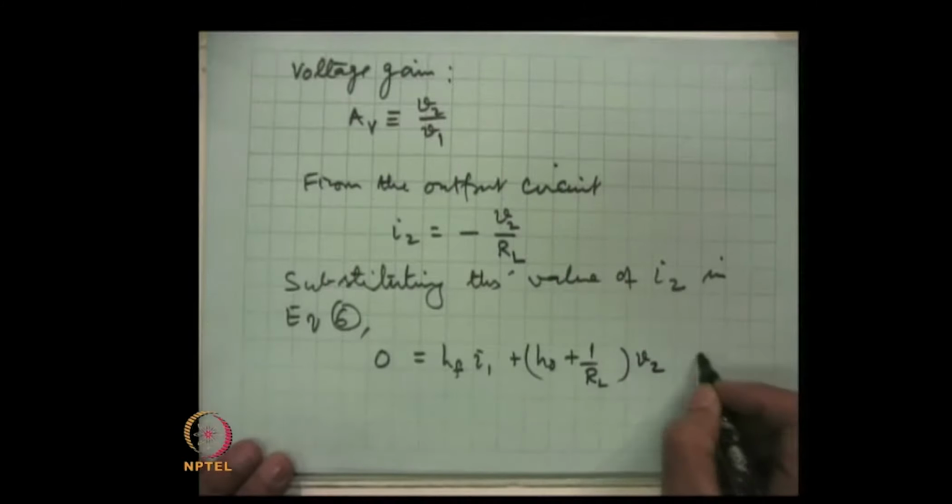Then from here we can write I1 equal to, from equation 7, I1 comes out to be I1 is equal to minus (HO plus 1 by RL) V2 by HF.